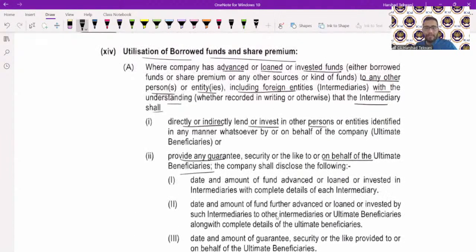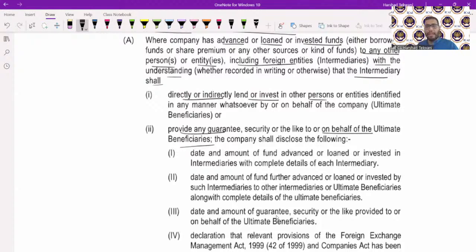So what this clause asks for, for example, if you are giving a fund, if you are providing a loan to someone, let's say X Limited, the company has loaned rupees 3 cr to, let's say, Y Limited, with the understanding that Y Limited here is an intermediary.